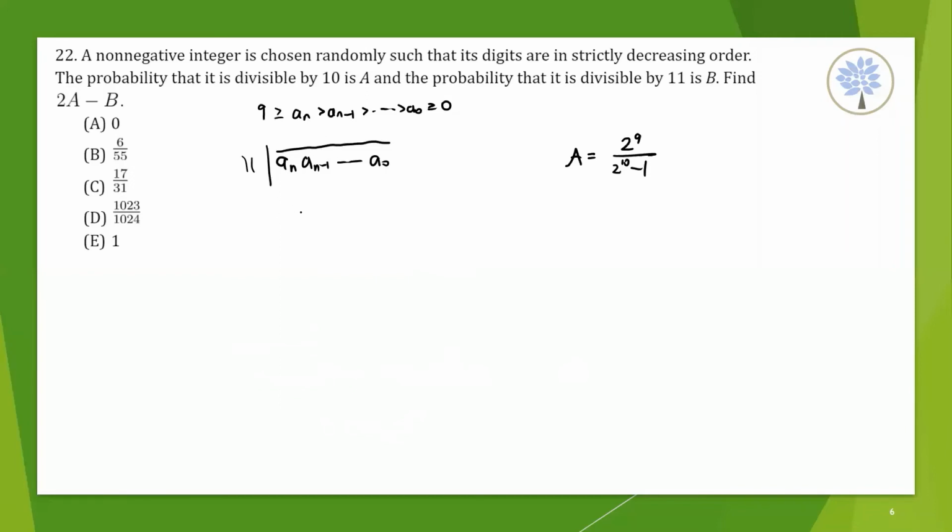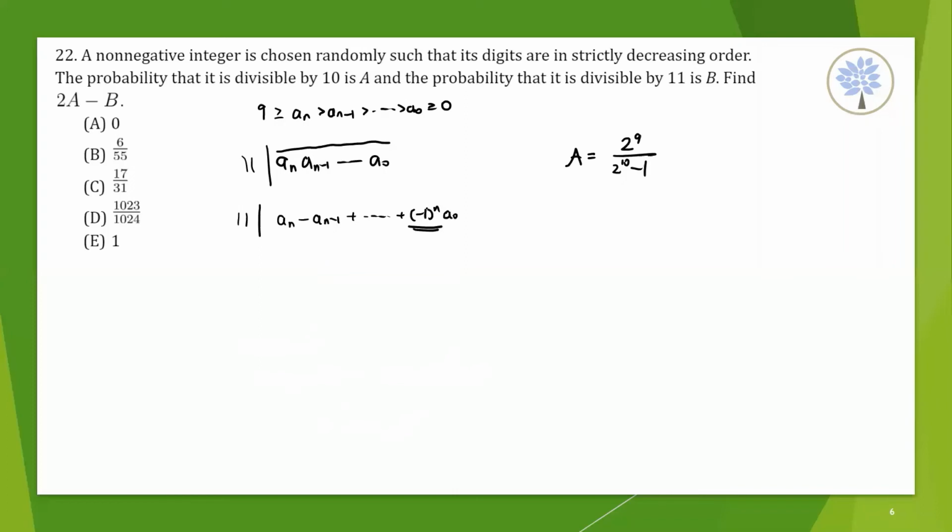So this number is divisible by 11 if and only if its alternating sum of digits is divisible by 11. This is the divisibility rule for 11. And so when we write out this alternating sum of digits, we're going to have something annoying, and that's this term right here, which ends in (-1)^n.